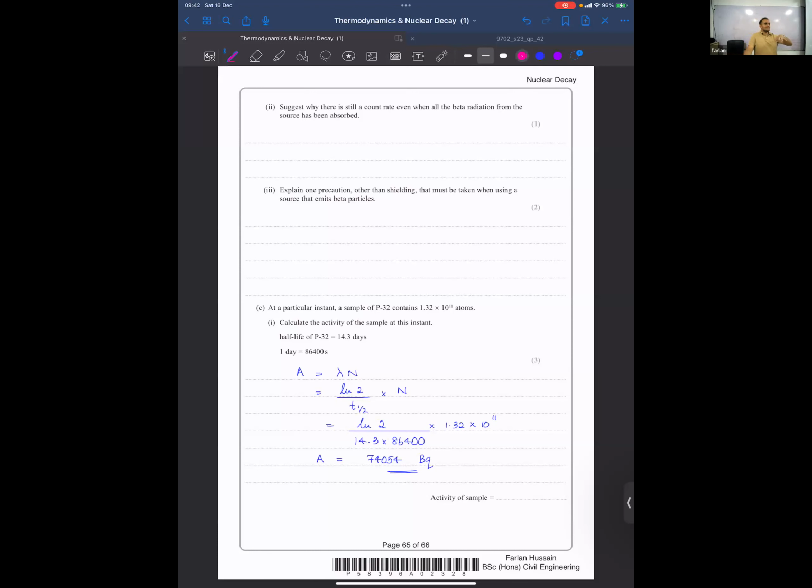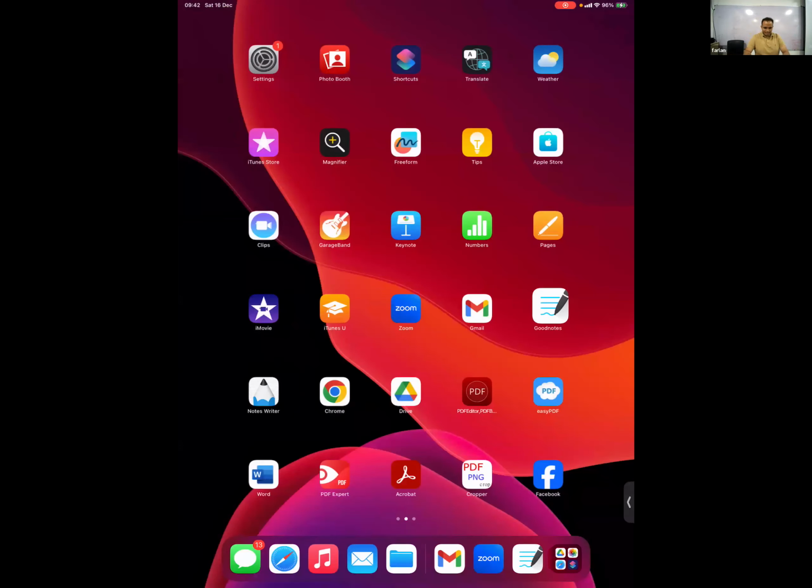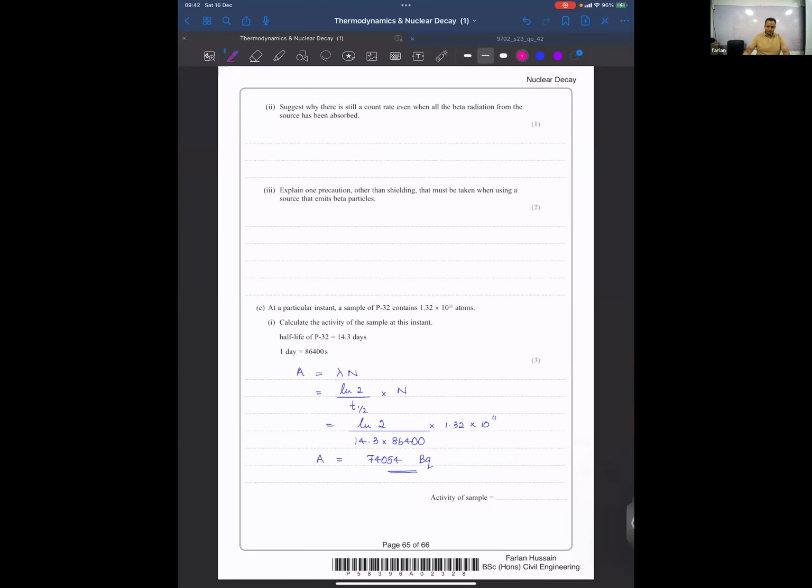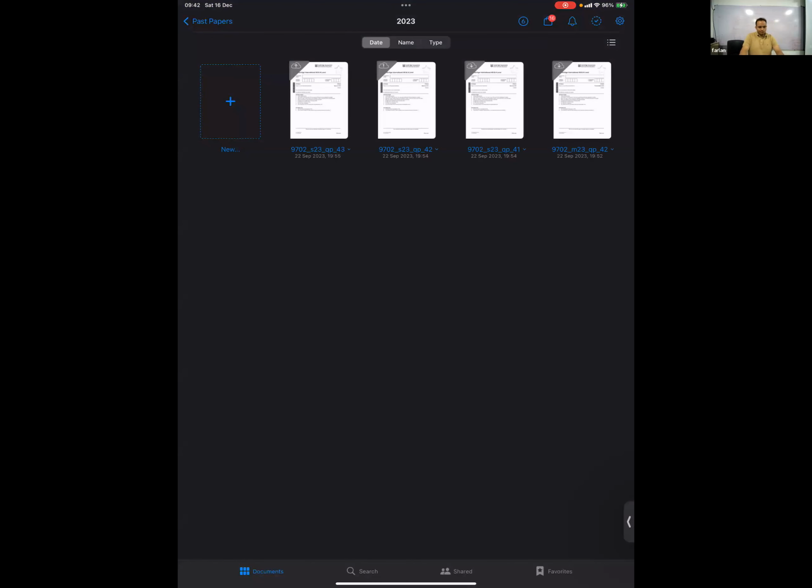There's nothing like reduce the temperature or increase the temperature. If you want to make it hotter, increase the temperature. I have increased that.